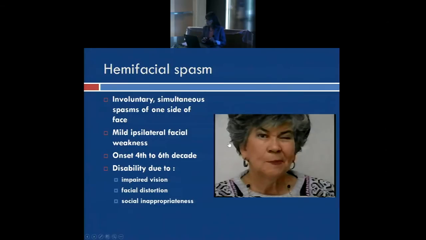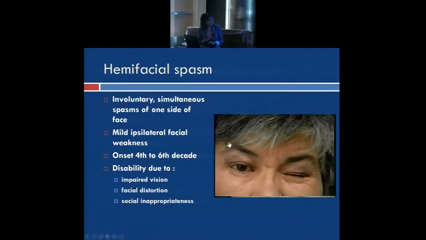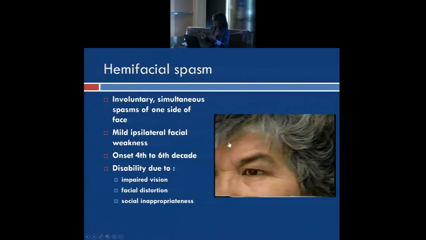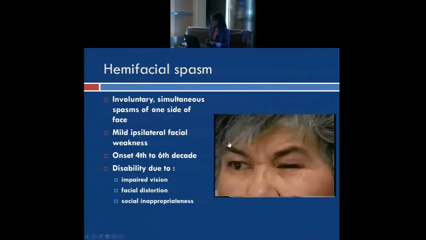The onset is in the 4th to the 6th decade, and the disability that these people get is predominantly impaired vision, because it's hard when one eye keeps closing involuntarily. They also get facial distortions, which makes it very difficult in a social situation because people think that they're winking at them, when in fact this is a disorder involving the facial nerve.